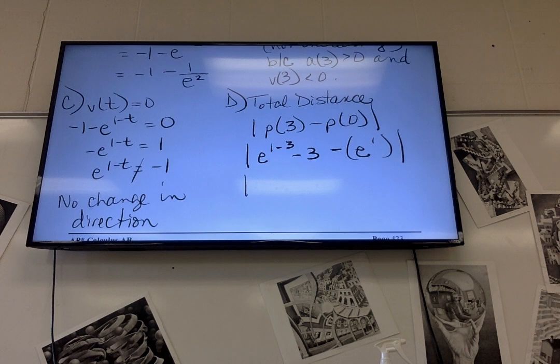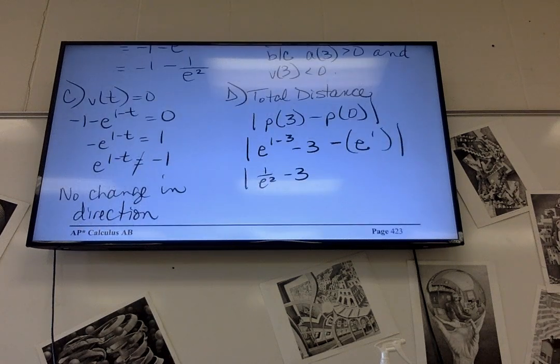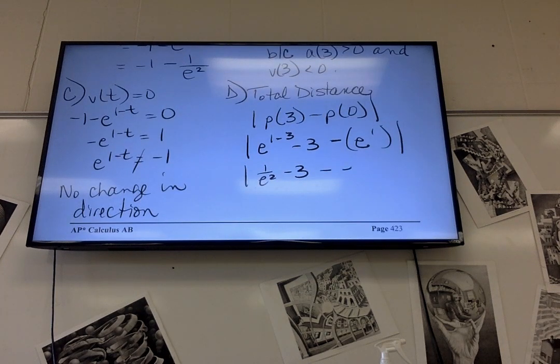So e to the -2 minus 3 minus e. Yep. That's all we can do with that. This is a non-calculator problem.